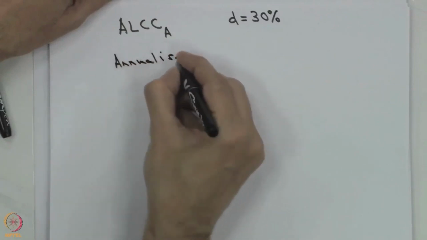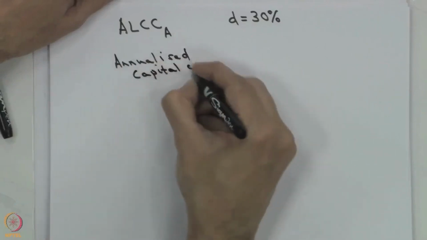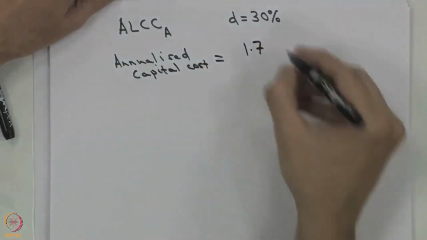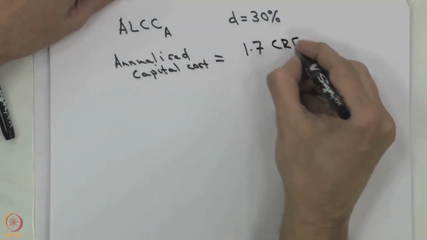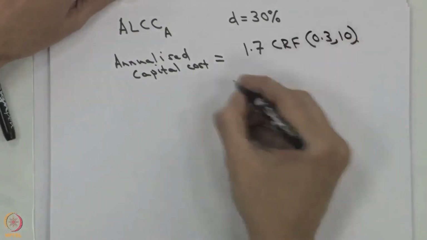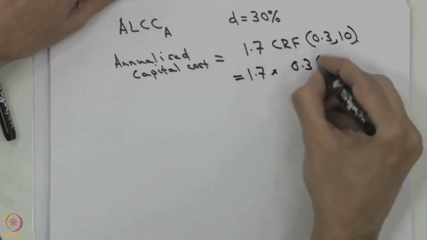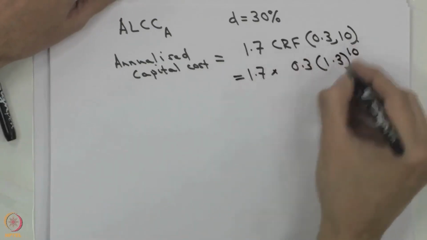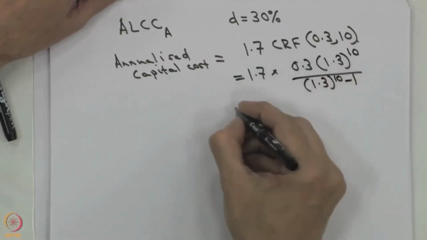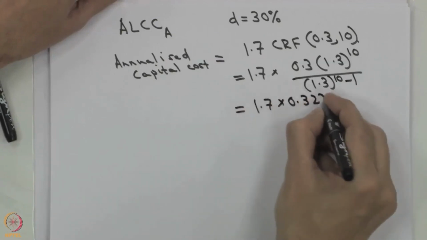Annualized capital cost for the diesel engine is going to be 1.7 into CRF. Discount rate is 30%, life is 10 years. So, as per the formula that we had, this is 1.7 into 1.3 raised to 10 divided by 1.3 raised to 10 minus 1, which is 1.7 into 0.323.